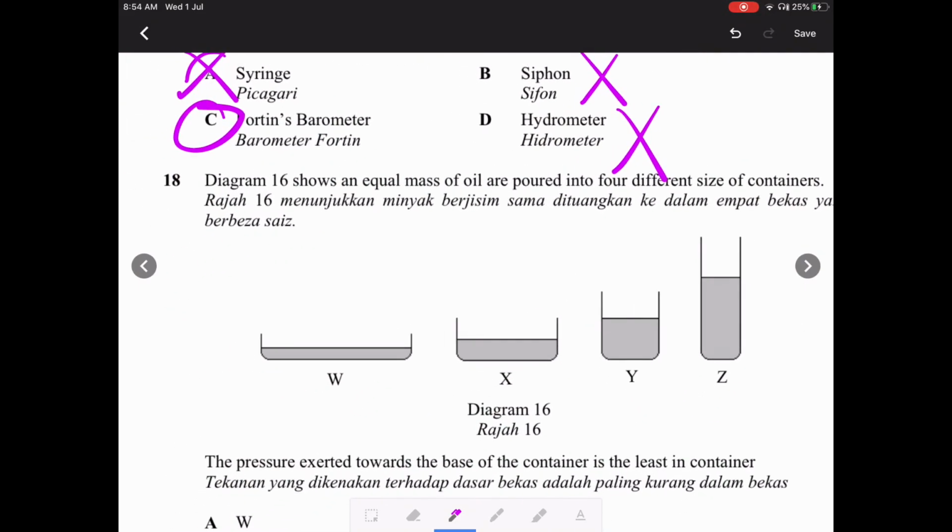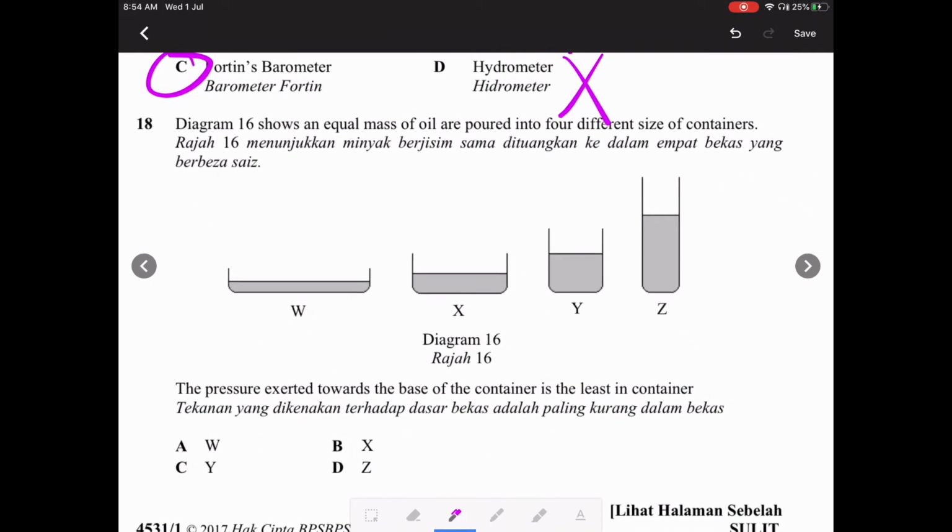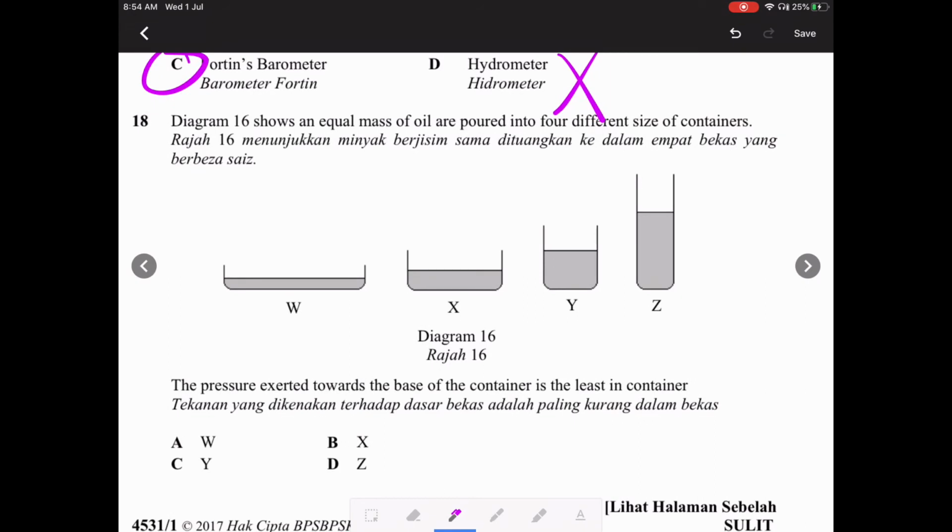Okay, diagram 16 shows an equal mass of oil are put into 4 different size of containers. Okay, the pressure exerted toward the base of the container is the least in container. Okey, tekanan yang paling rendah. Tekanan air dipengaruhi oleh kedalaman.